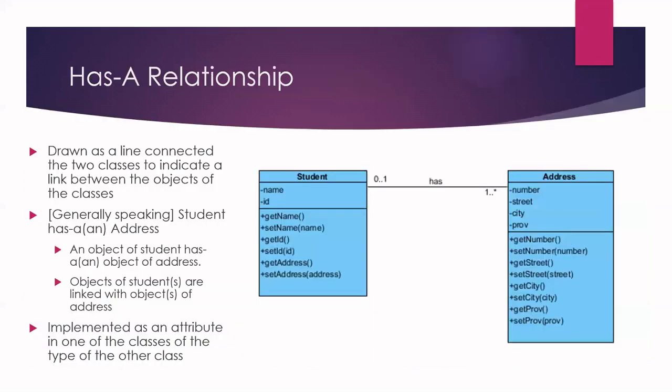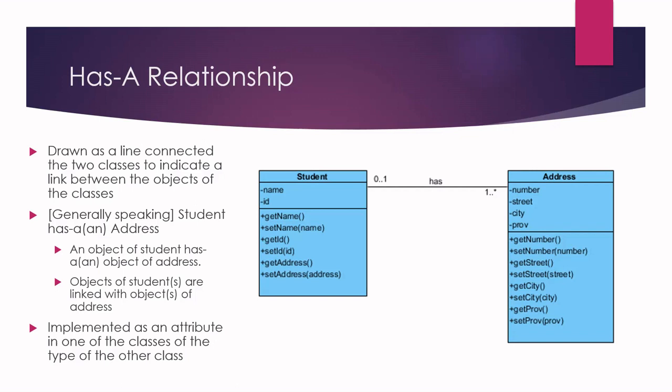How do they look on the diagram? This is the has, or the general association. It's just a line between the two classes, and it may have a name. This name should be a verb to describe the relationship. Has is a very general verb. If we can describe the relationship with a more specific verb, it would be better.